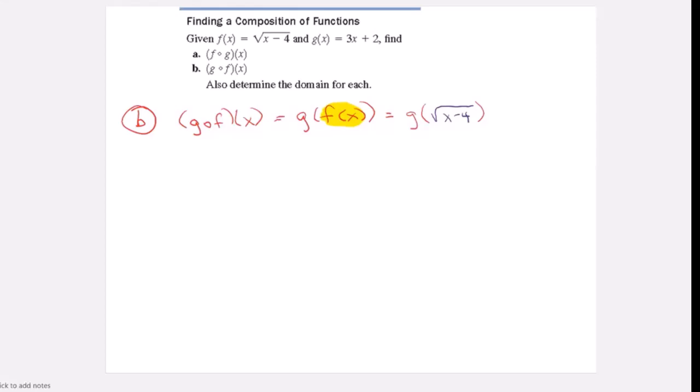Okay? And now I have g of the square root of x minus 4, and it's going to be equal to, remember I said just take 3, whatever's in the parentheses, I'm going to use that, plus 2.